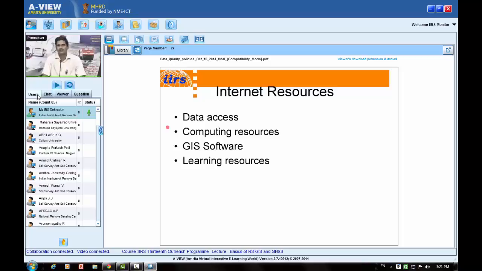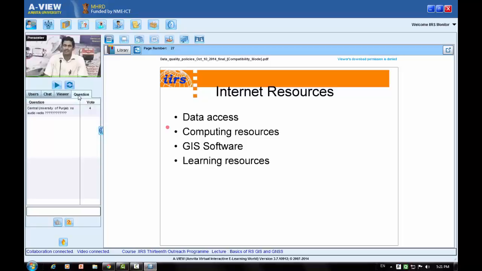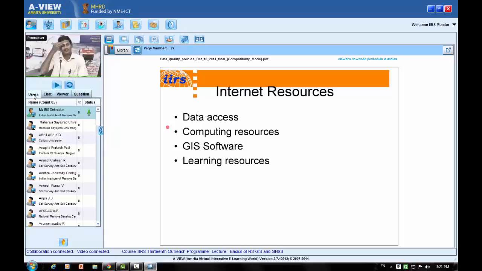So this data is an important component in GIS. And when you talk about software, sometimes buying it is very expensive. Instead of that, what you can do is use internet resources for computing, like grid computing and cloud computing, where you use it from the net, start analyzing, and then pay for whatever you use.